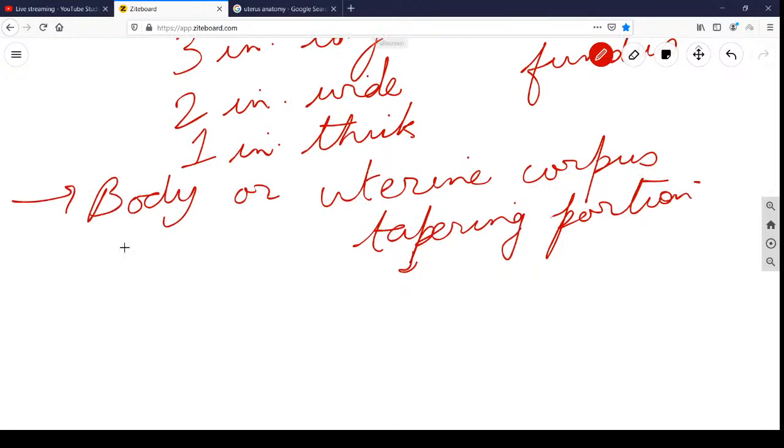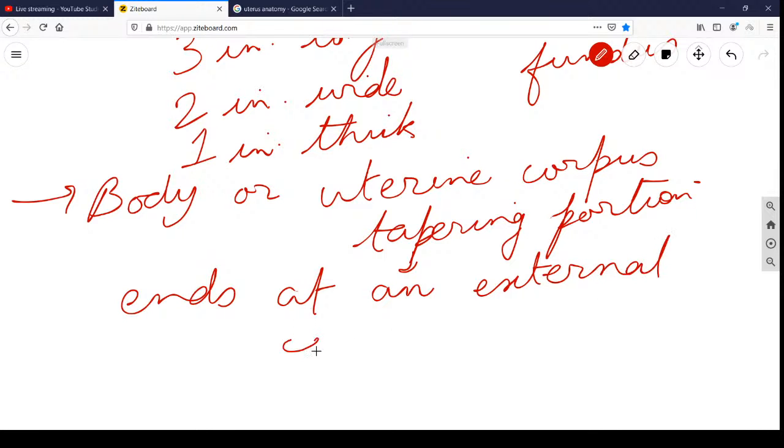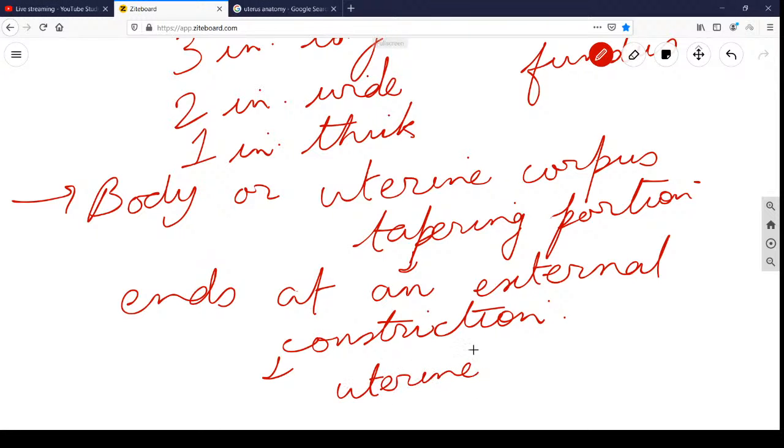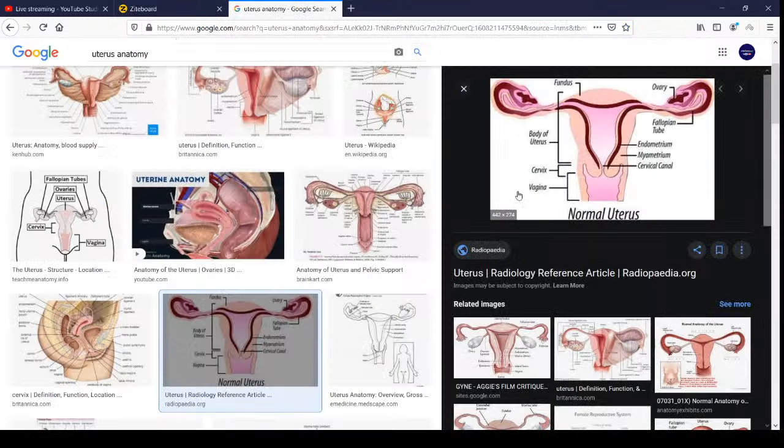The th is silent here. You can see here that is known as uterine isthmus. So it ends here.